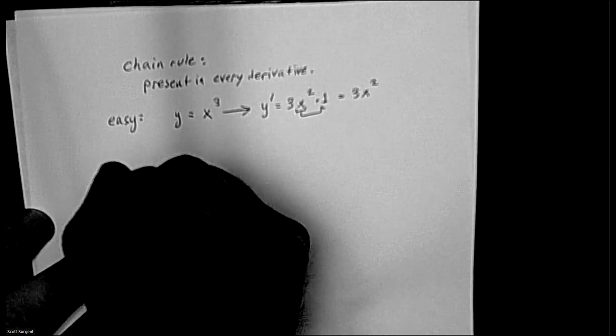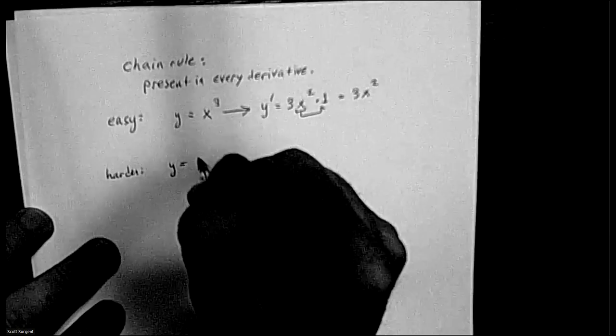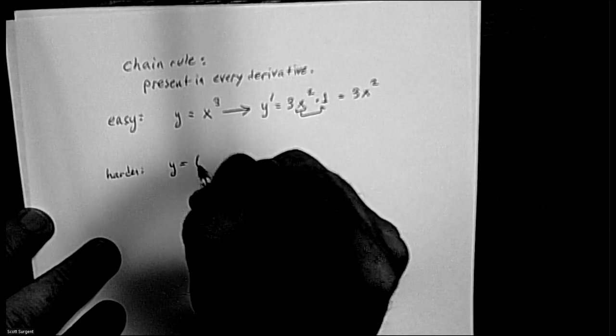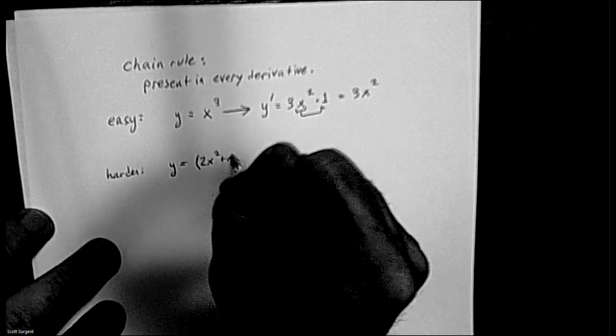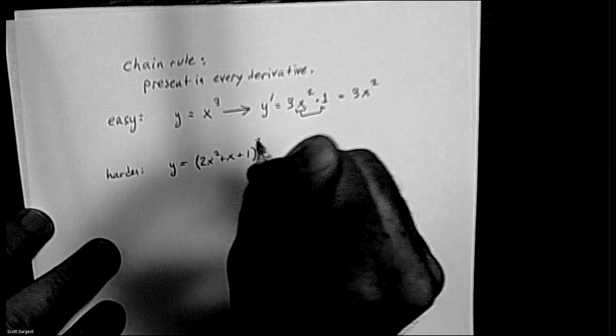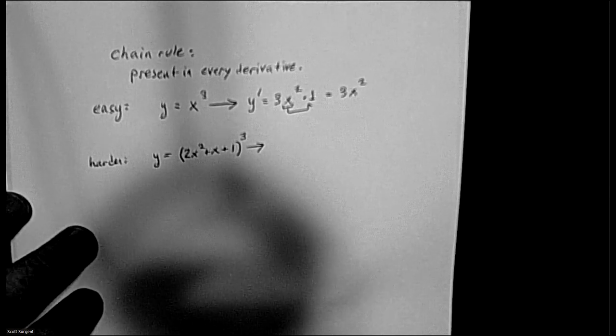So then I'll say harder. Suppose I take a question like y equals 2x squared plus x plus 1, to the third power. Well, this is a composition of functions. Basically, it's a function inside a function. And that's where the chain rule really has to be used.